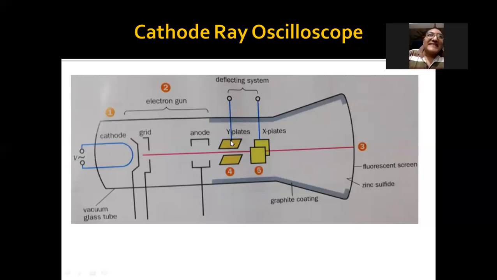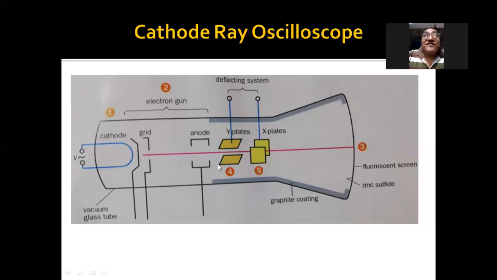So for example, if this top plate becomes positive and this bottom plate becomes negative, electrons are negative, so they will be attracted to the upper plate, which is positive. So the beam of electrons on the screen will go up.